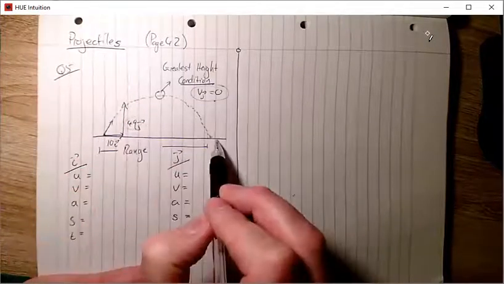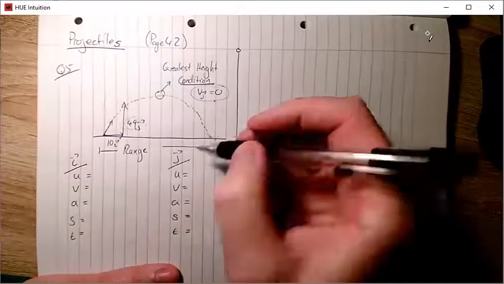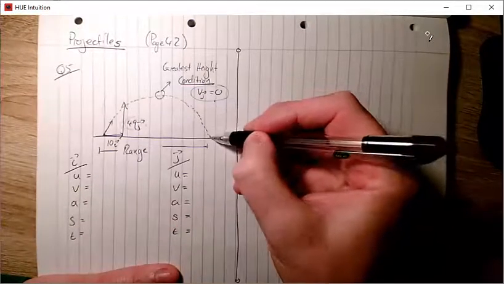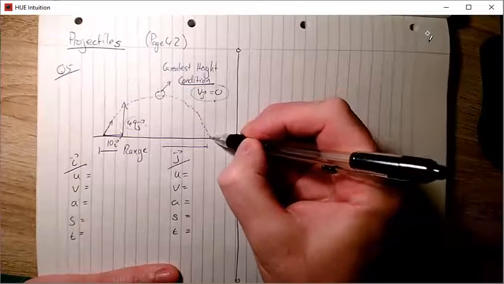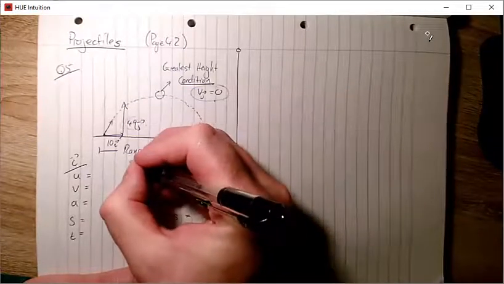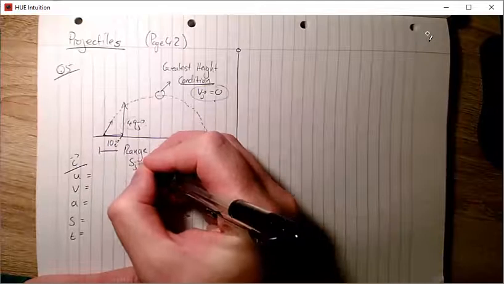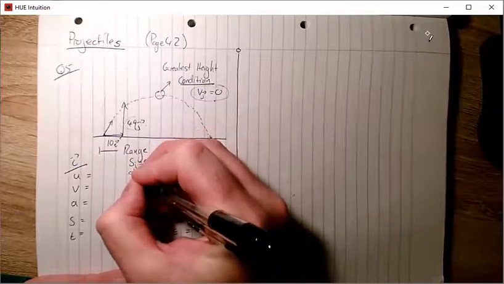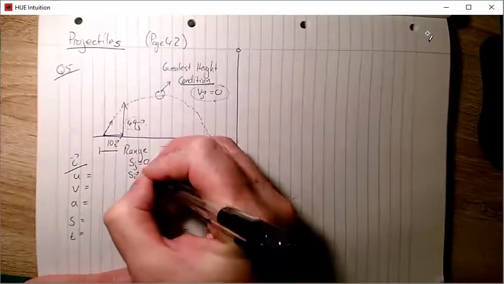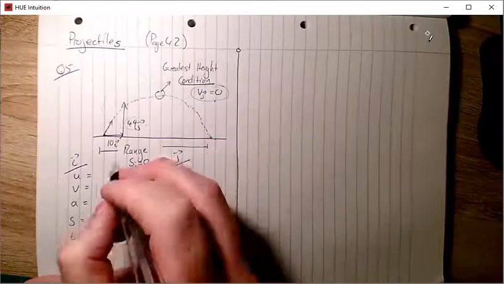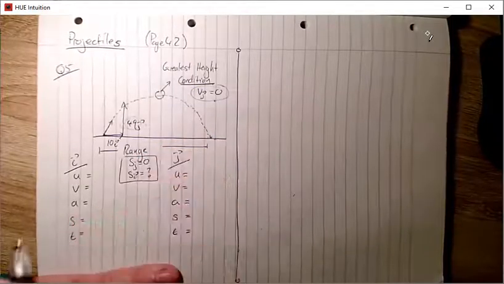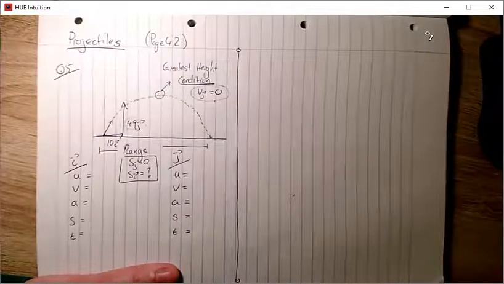In the i direction, you've moved across, but in the up-down direction, you've landed back at your starting point. So our condition for range is where the displacement in the j direction equals 0, and then it is, what is the displacement in the i direction? That's our range.